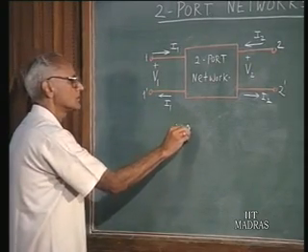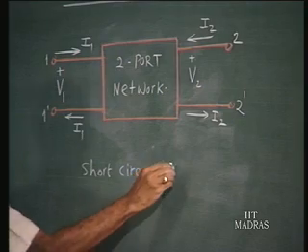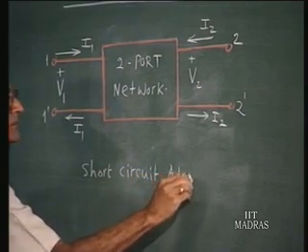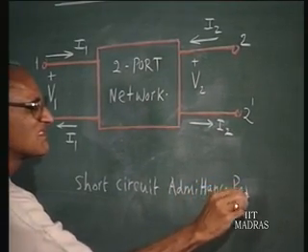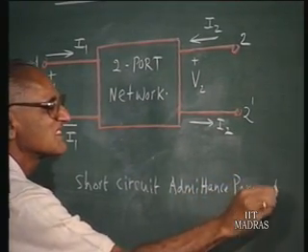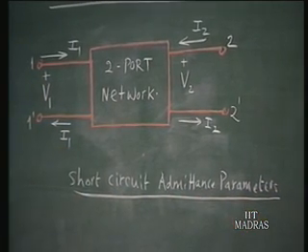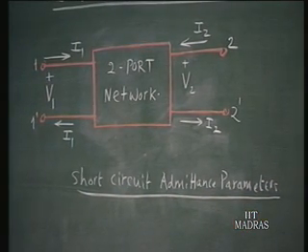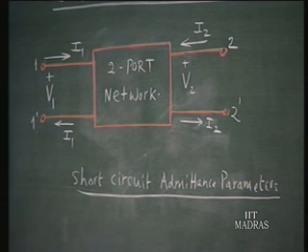Short circuit admittance parameters. This is one way of choosing two as the input quantities and two as the response quantities. Here we treat I1 and I2 as the response quantities and V1 and V2 as the input quantities.